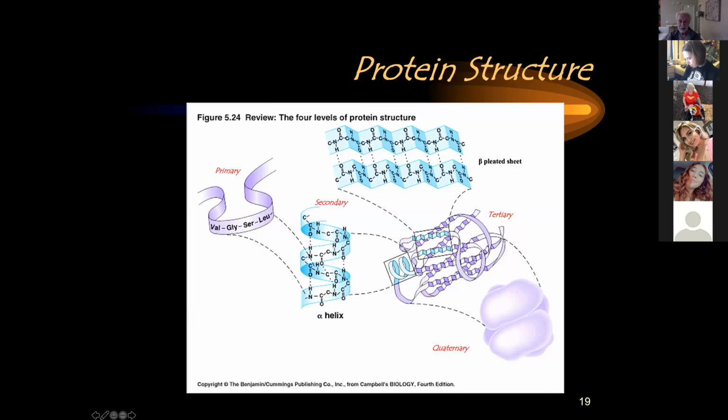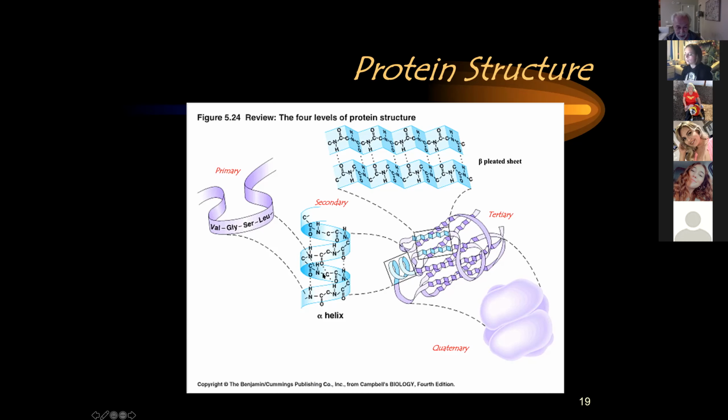All right, that's how we get a protein, a polypeptide that has a primary structure. Proteins with primary structure have no activity. They're inert. They have to fold, and they fold by forming bonds within the chain.